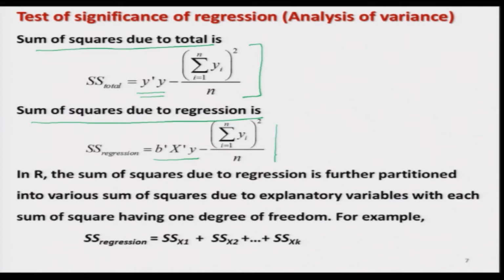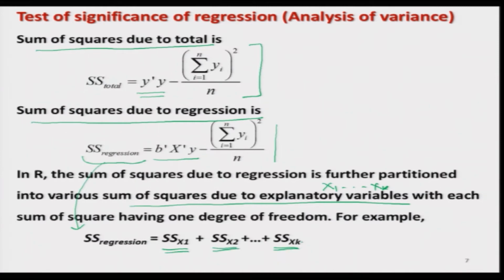And you will see that when we implement this concept in R, this sum of square due to regression can be further partitioned into the sum of square due to explanatory variables. Since there are k explanatory variables x1, x2, up to xk, this sum of square due to regression can be further partitioned into sum of square due to x1, sum of square due to x2 and sum of square due to xk.